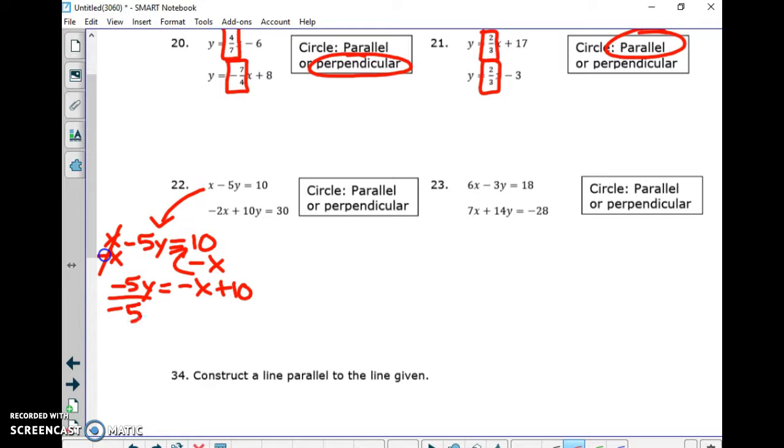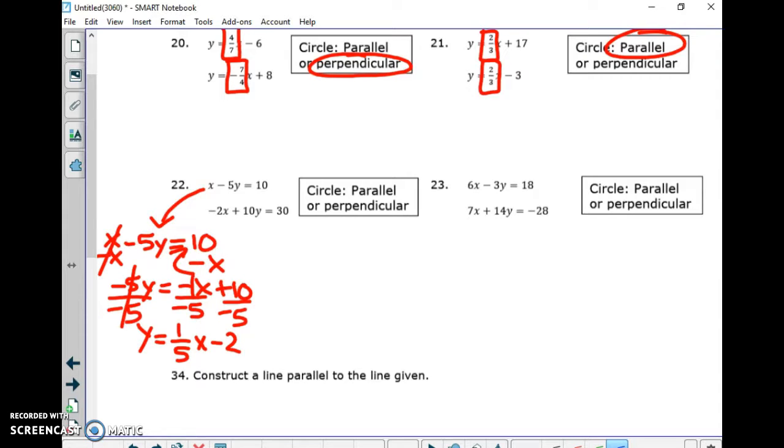Divide by negative 5. Everything gets divided by negative 5. These cancel. Don't forget, this is a 1. y equals negative over negative is positive 1 over 5 x. And then 10 divided by negative 5 is negative 2.